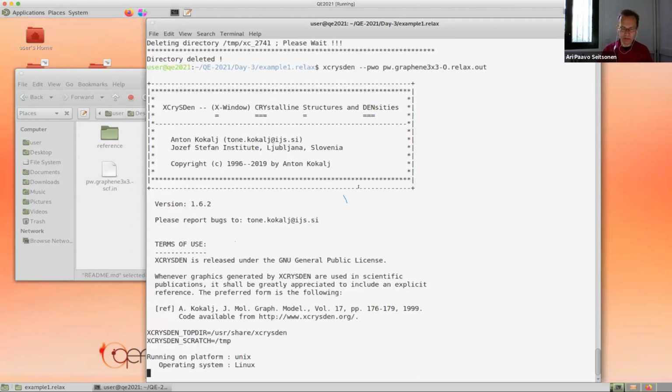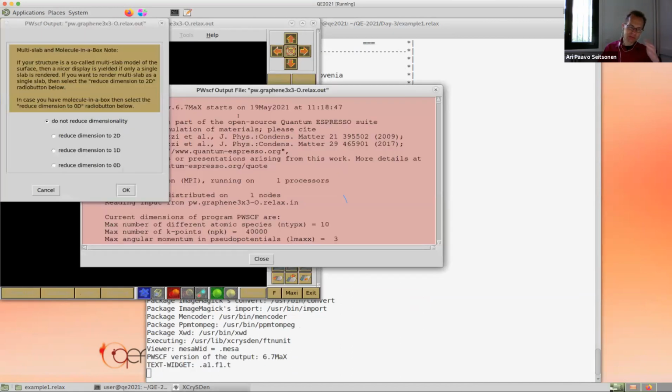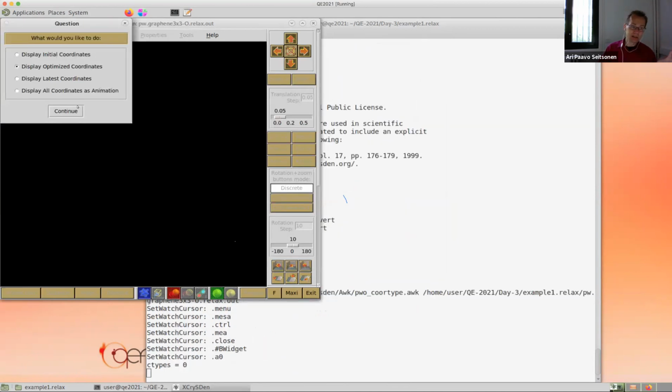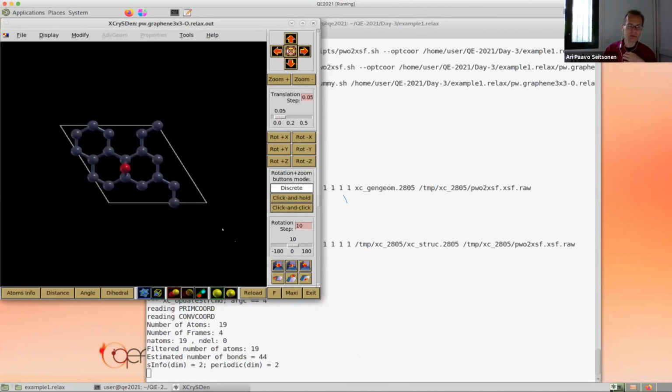A good remark. So the first example, let's say the 0th example, that was the graphene, which you did also yesterday. It is planar. There's no need for this dipole correction. There's no dipole in the vertical direction.